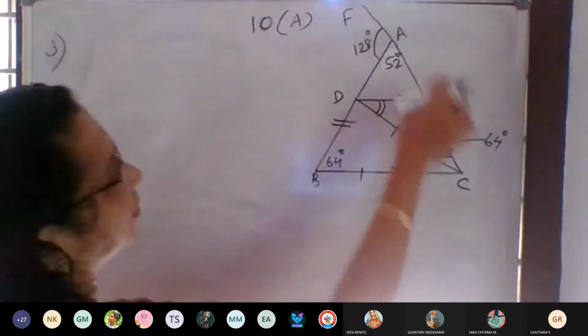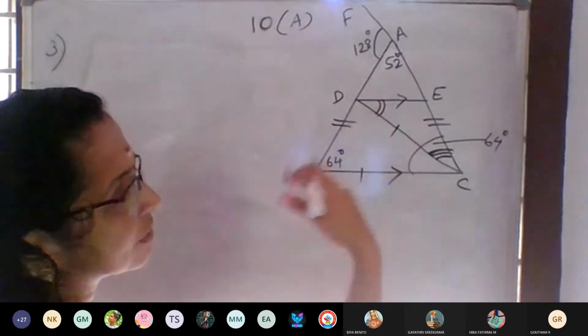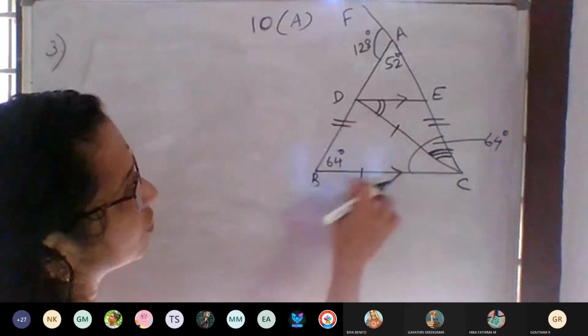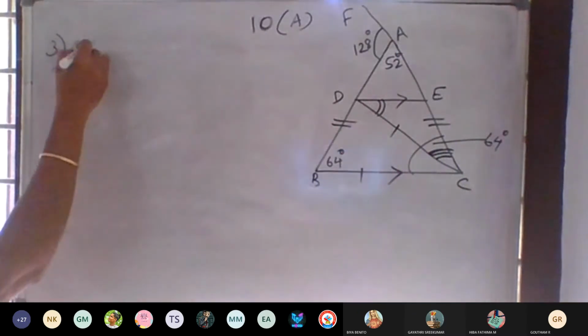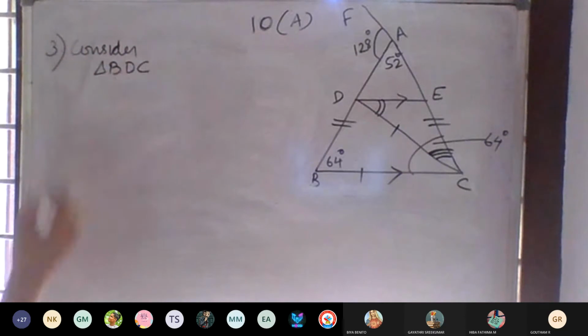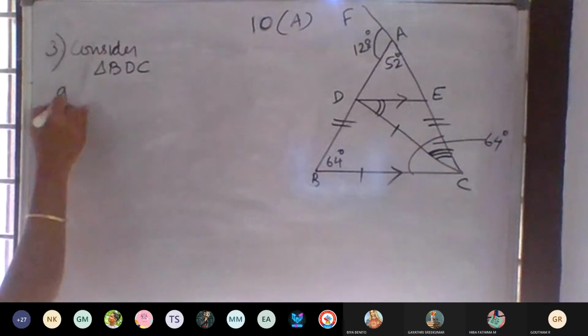First we have AB is equal to AC, so that's why we wrote all those things. Then again we have these two, so for that consider triangle BDC.